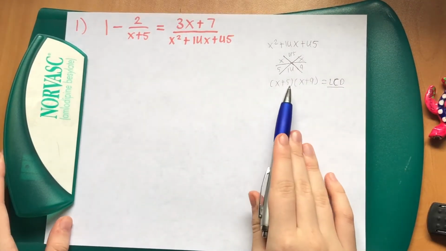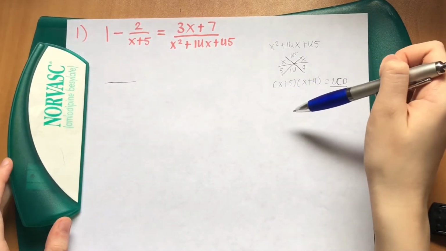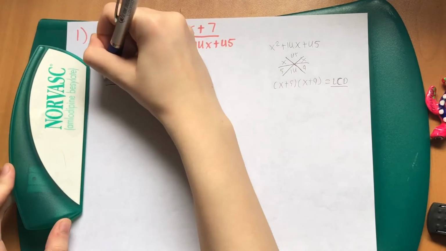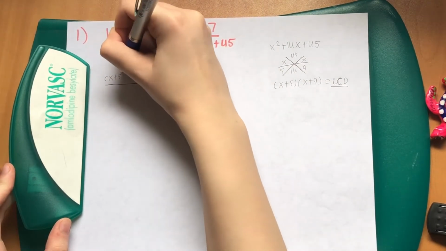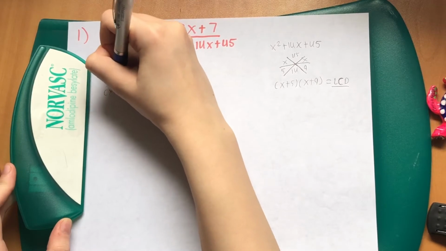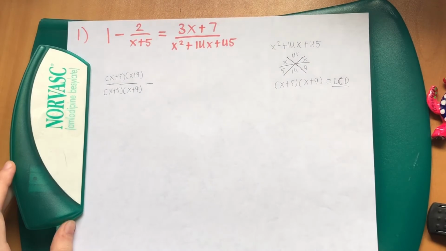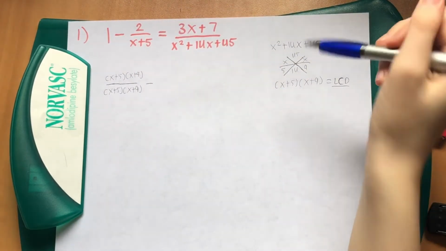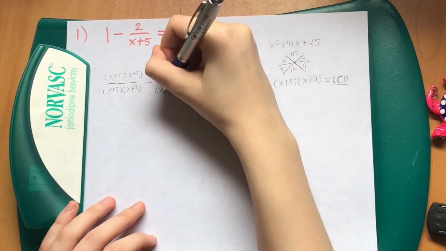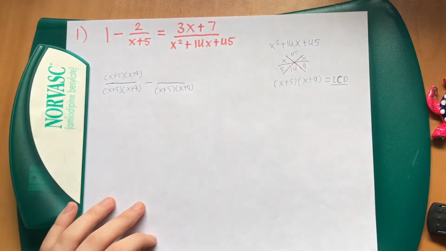So first of all, we have 1. So this is pretty simple. Since something over itself equals 1, we would just have x plus 5 times x plus 9 over x plus 5 and x plus 9. So now we have this. We would have our new denominator as x plus 5, x plus 9.